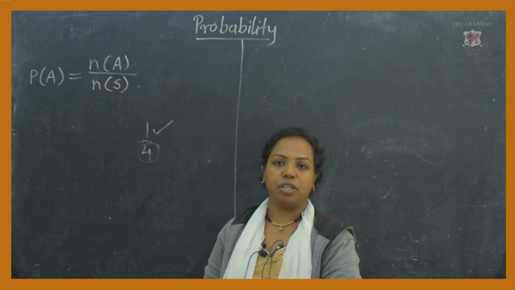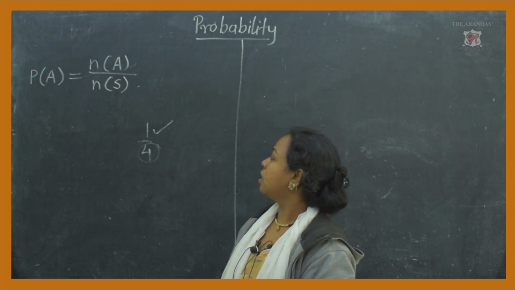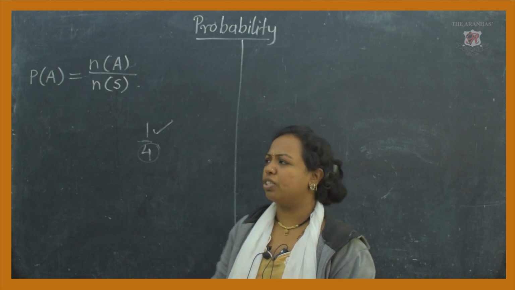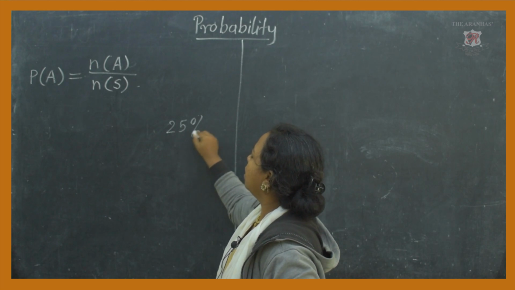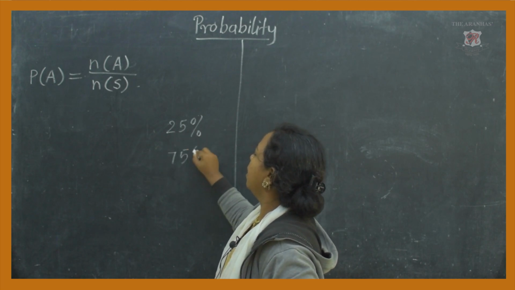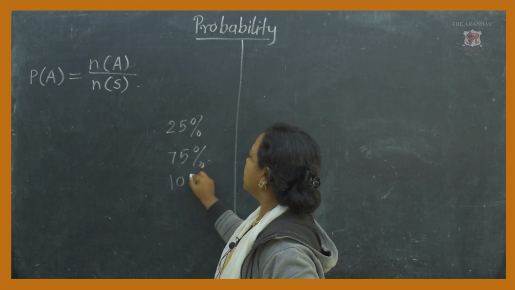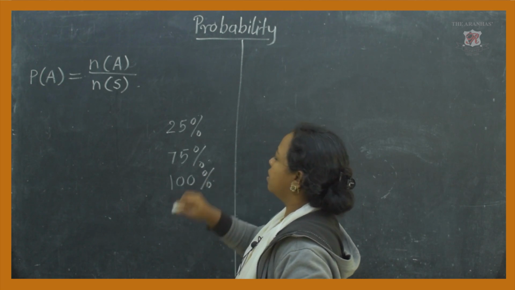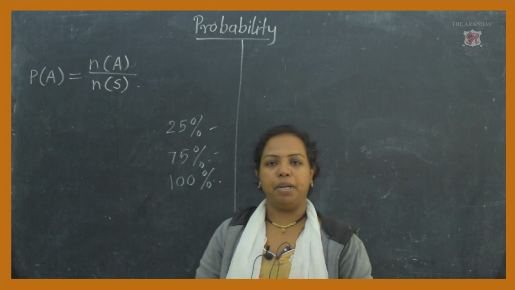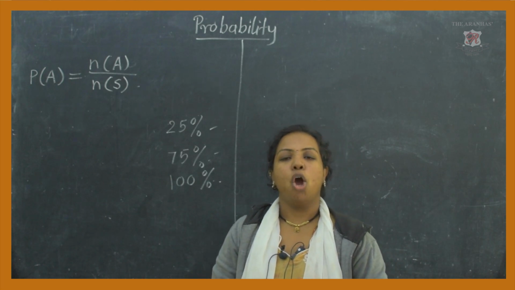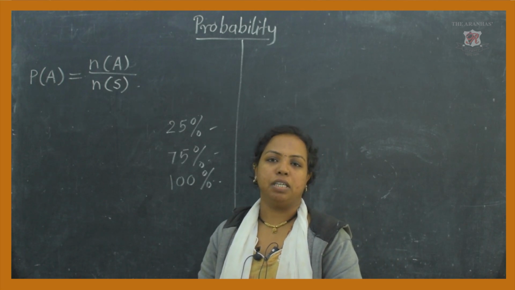That is called a fraction. Next, it is expressed as a percentage. That means sometimes 25% is there, then 75% or 100%, like this. This is the way to express probability, either in fraction or in percentage.